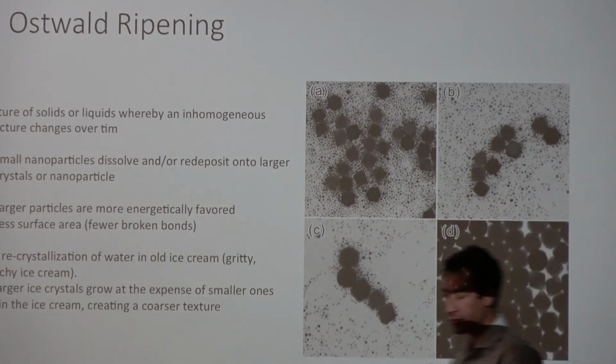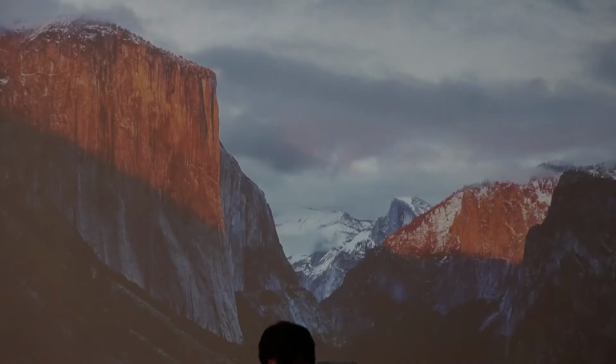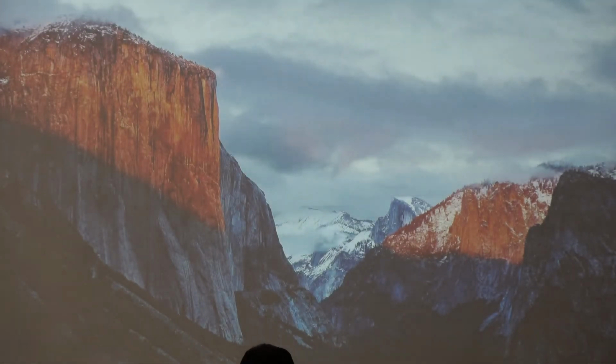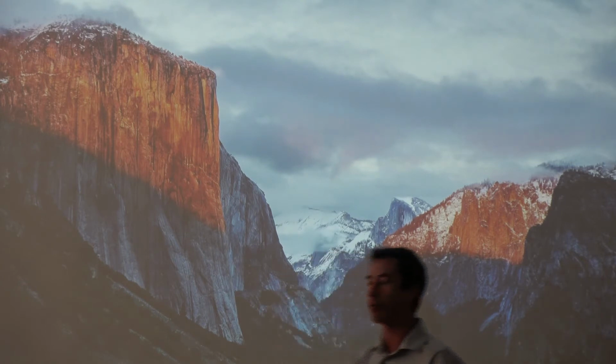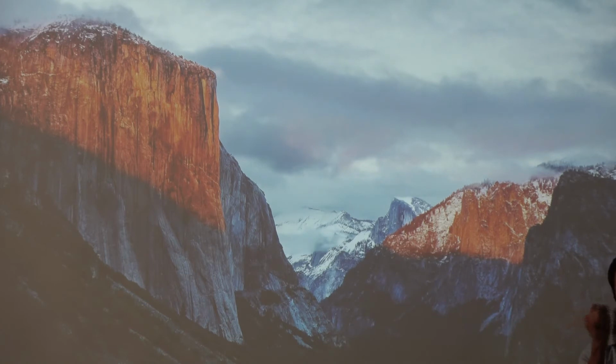You've probably seen this in something like soap. You've seen soap bubbles where you have a bunch of small ones and they come together and make bigger and bigger soap bubbles, right?